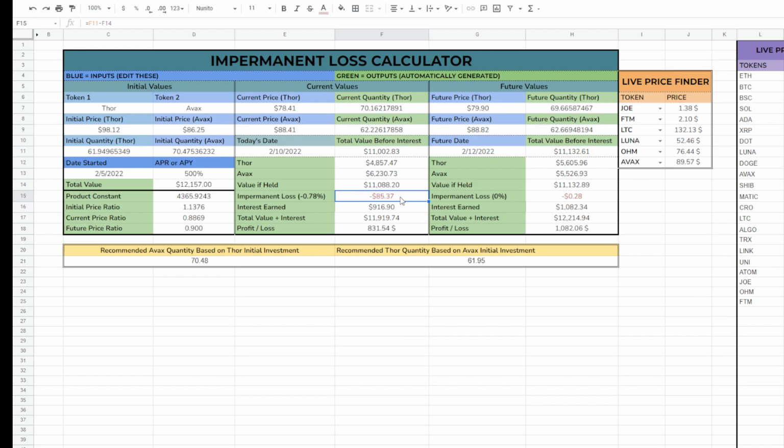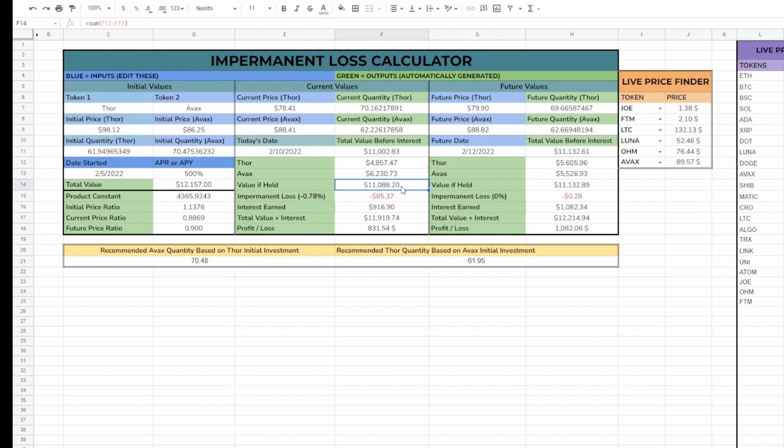The impermanent loss is how much worse off I am than I would have been if I would have just held on to the two original tokens. If I would have just held on to these quantities of the Thor and AVAX tokens that were in my wallet to begin with, if I would have not entered into the liquidity pool, I would have $85 more, $85.37 more.